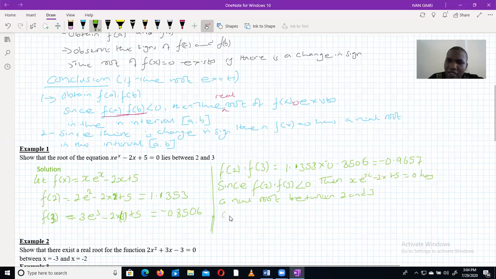Or you can say, since there is change in sign, then this function e^x minus 2x plus 5 equals 0 has a root between x equals 2 and 3.